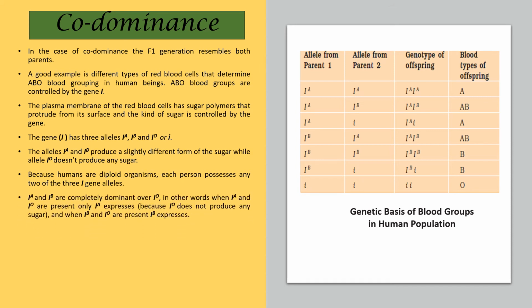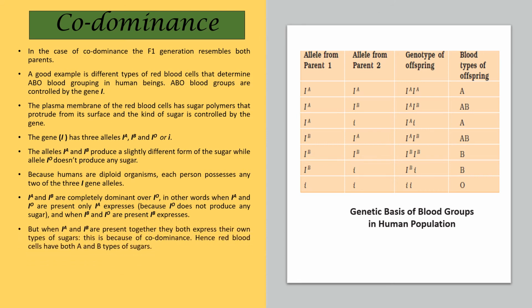IA and IB are completely dominant over IO. In other words, when IA and IO are present, only IA expresses because IO does not produce any sugar. And when IB and IO are present, IB expresses.